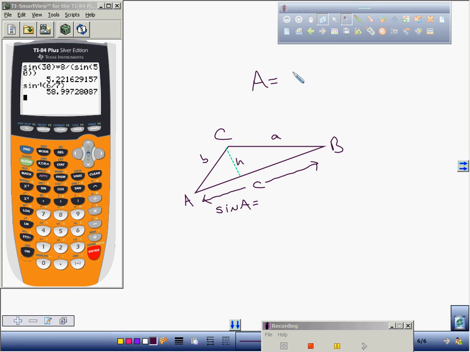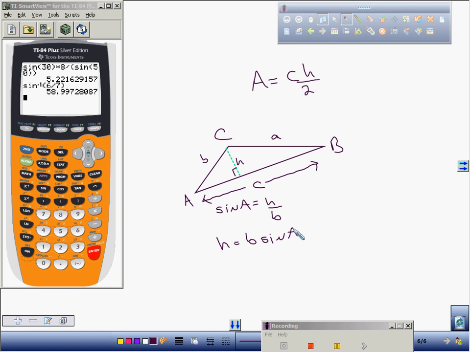What would I multiply? C times H divided by 2, right? But what you can do is solve this for H. Since sine of A is equal to H over B, I get that H is equal to B sine A. Sine is opposite over hypotenuse.